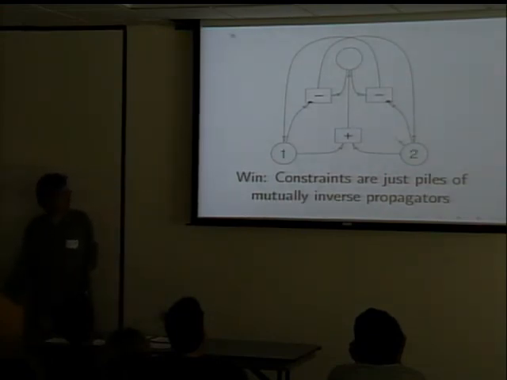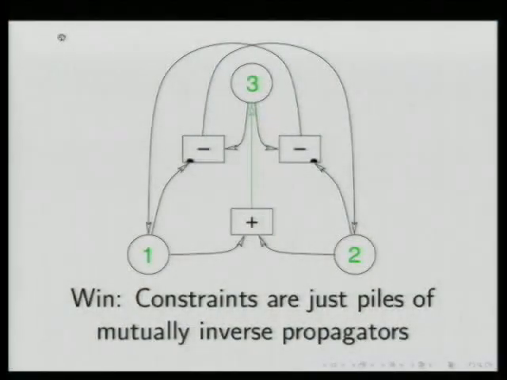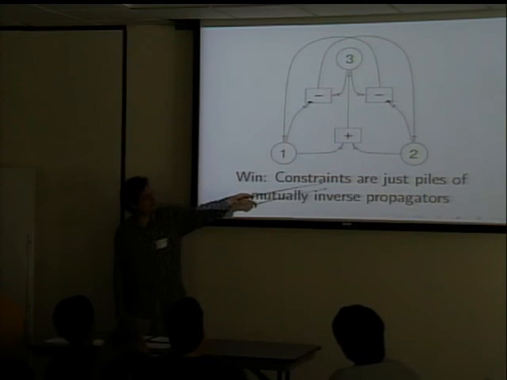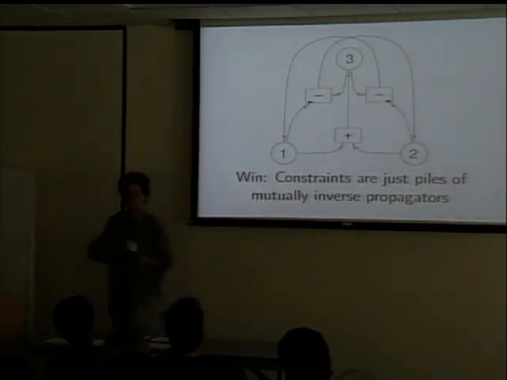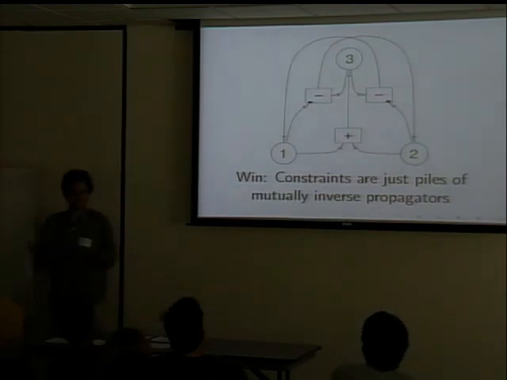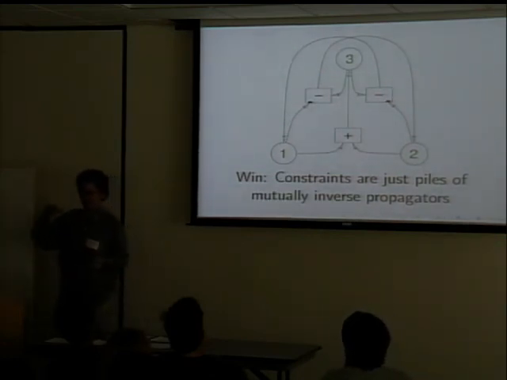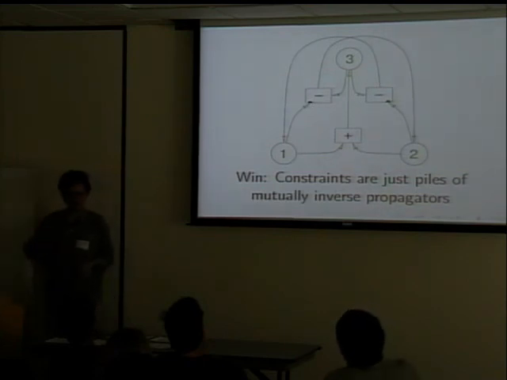If there's a 1 and a 2 there, then the plus can put a 3 there. But if we didn't have this 1 and had the 3 and the 2, then that minus could put a 1 in here. So we can stack these unidirectional propagator machines on top of each other to get multi-directional constraints if we want.